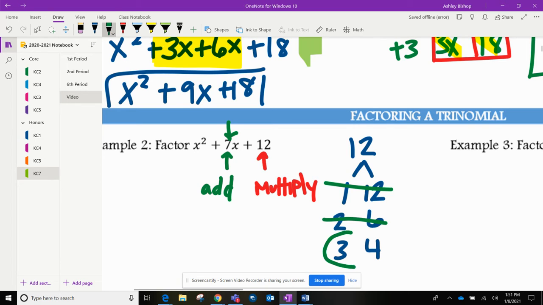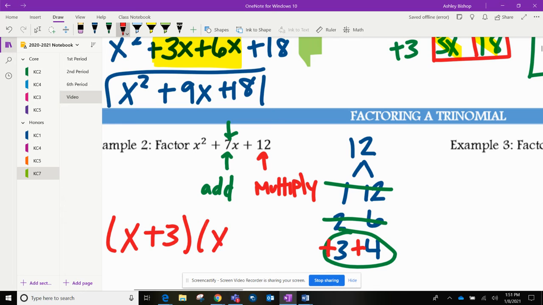But you're thinking I can get 3 and 4 to make 7. And how? Well, a positive 3 plus a positive 4 makes a positive 7. So my two factors are going to be x plus 3 and x plus 4.